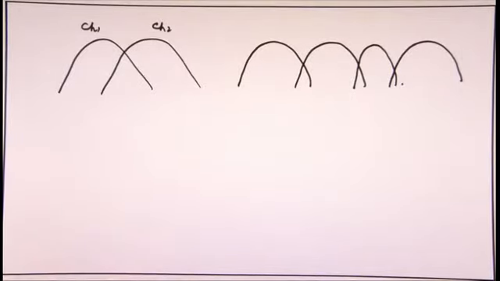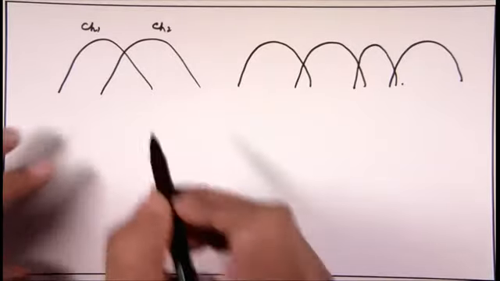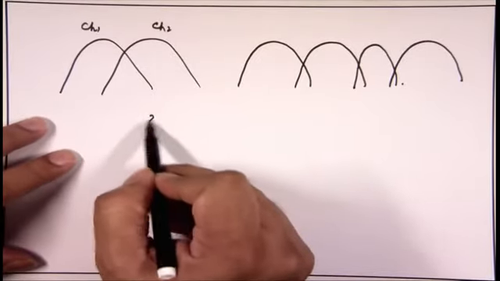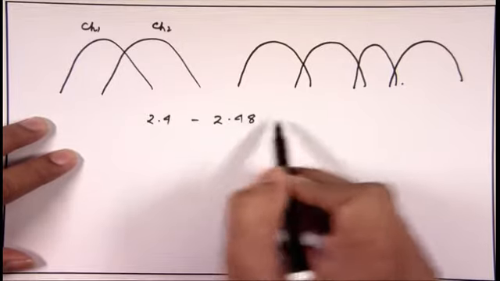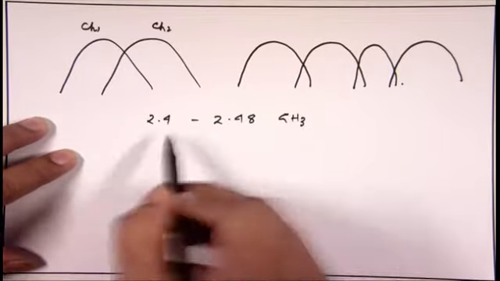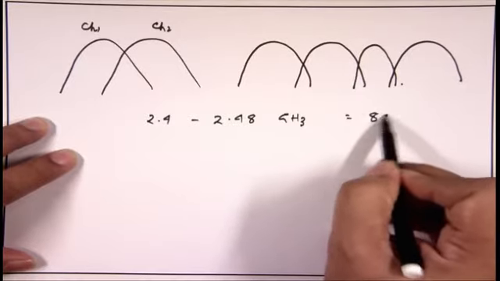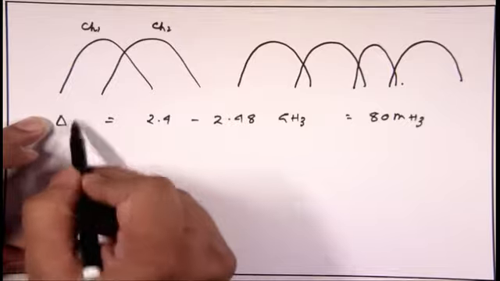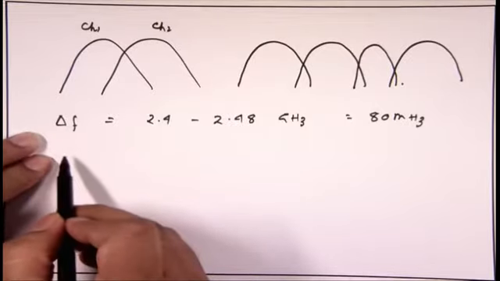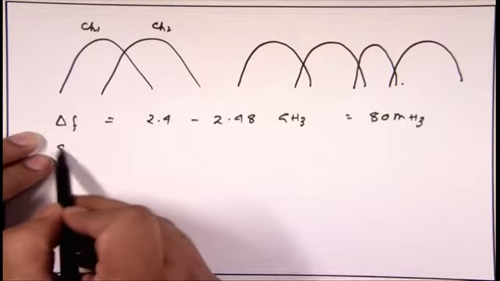Now think of it, I am designing say 2.4 to 2.48 gigahertz. This is roughly 80 megahertz channel bandwidth delta F, and I have to cater to say 80 channels.